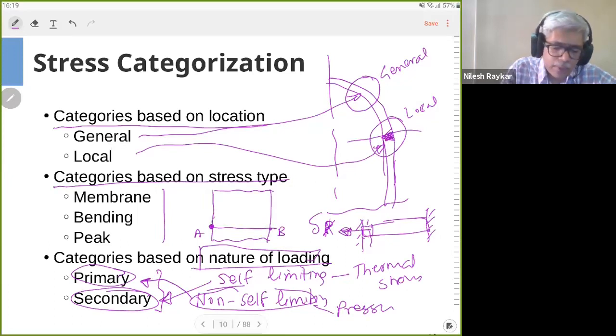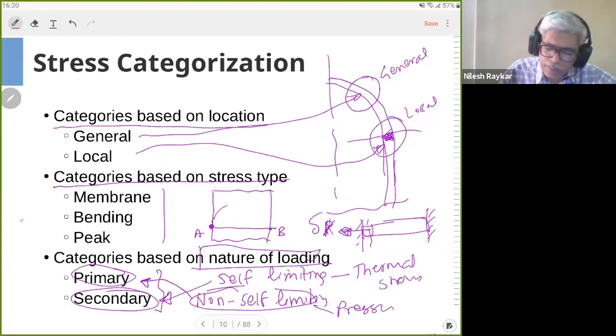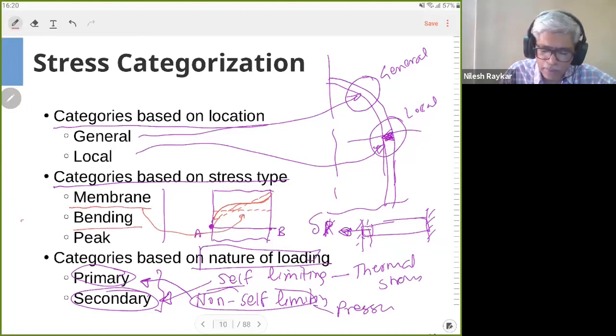For example, if we consider that nature to be as given here, this distribution can be converted into an average stress, a linear component, and then a non-linear component. The constant component, the average, is the membrane; the bending is the linear component; and peak is the remaining component.